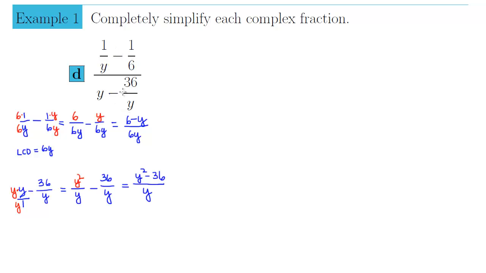We've now taken both our numerator and denominator of the complex fraction and rewritten them into simpler fractions. Let's replace. The numerator is 6 minus y over 6y. The denominator is y squared minus 36 over y.